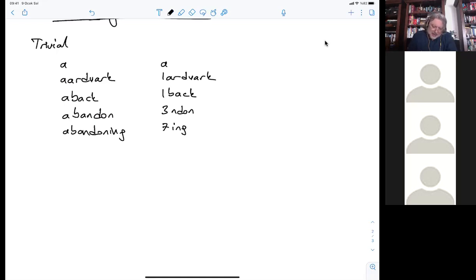You can continue like abandonment, which can copy 7 of the previous, but continue with ment instead of ing. So this is some sort of a dictionary coding, and as you see, you are gaining something.